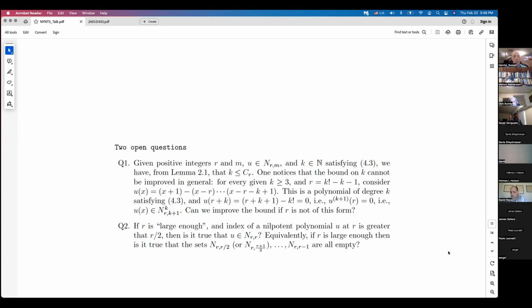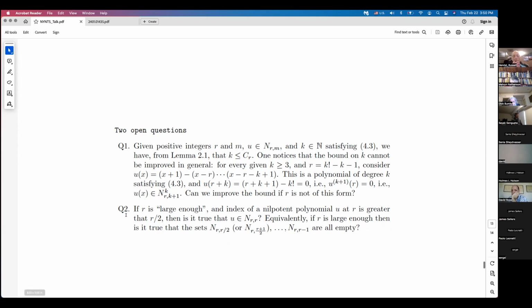We are always going to end up with some false statement or some absurdities, so that we have to reject those things. So basically, that is a good question that one can think about, because I think there might not be a universal bound, but we can improve the bound whenever r is not of this form. This is what I think.